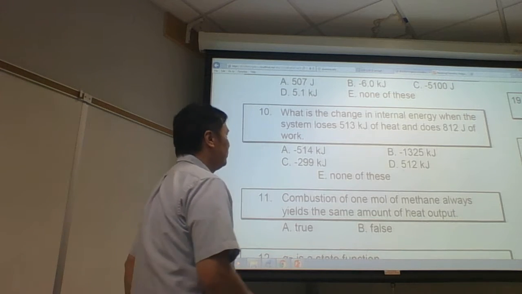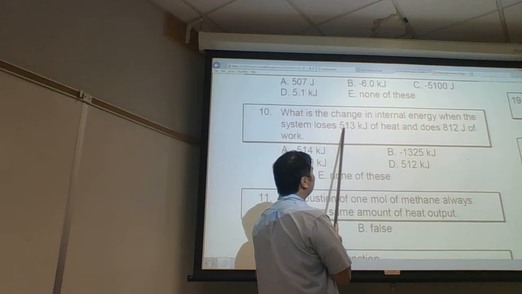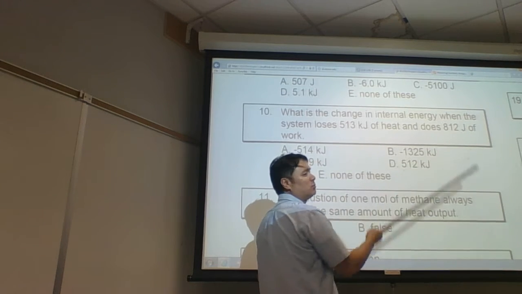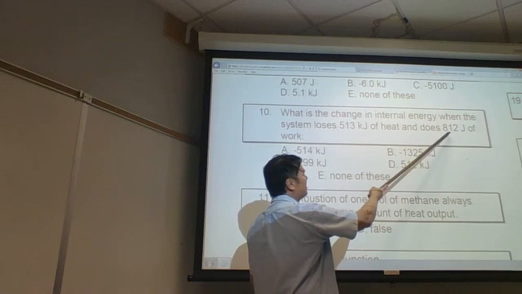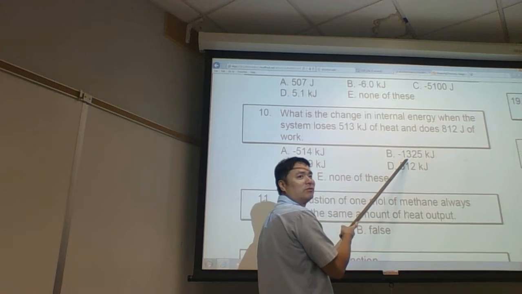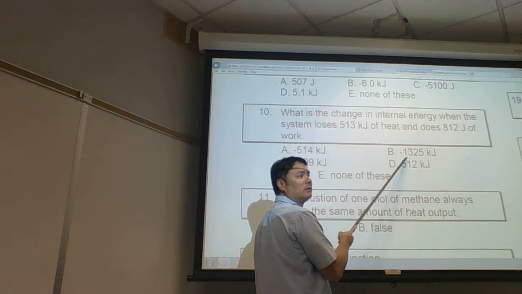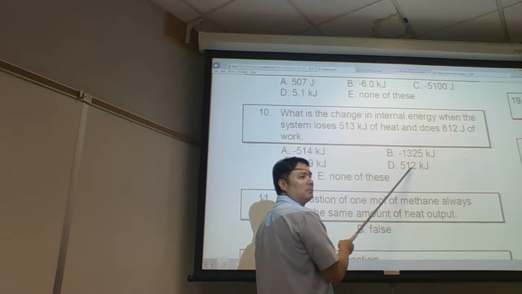I would have just said, okay, minus 513 plus a minus 812 is minus 1325, right? And then I would have picked B.